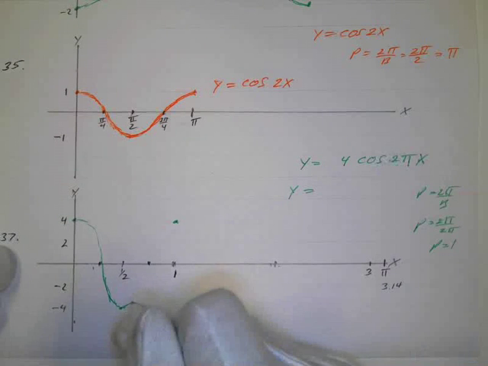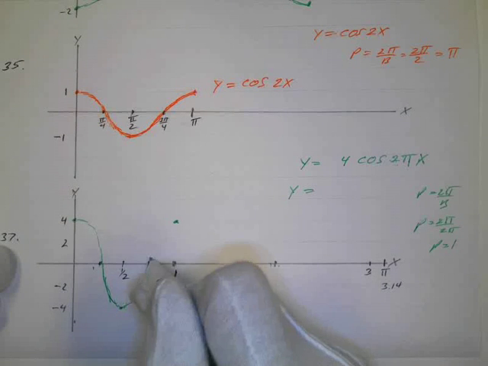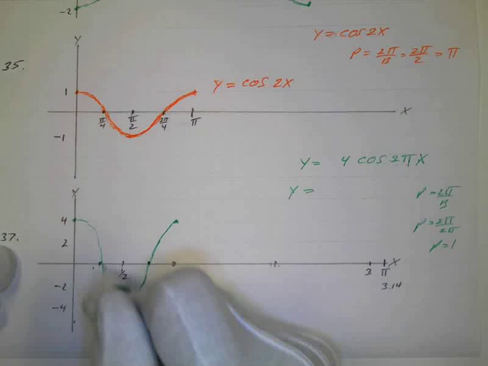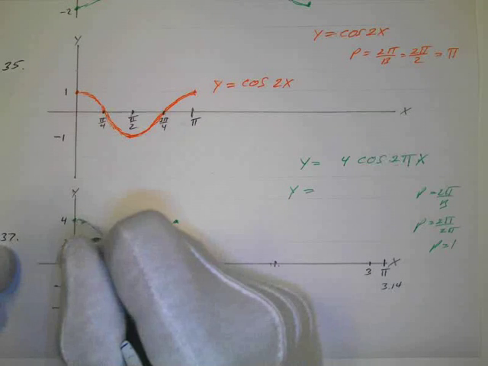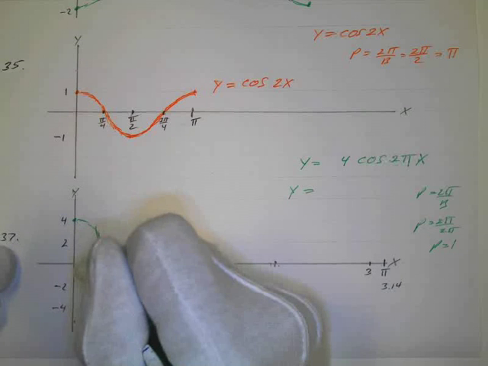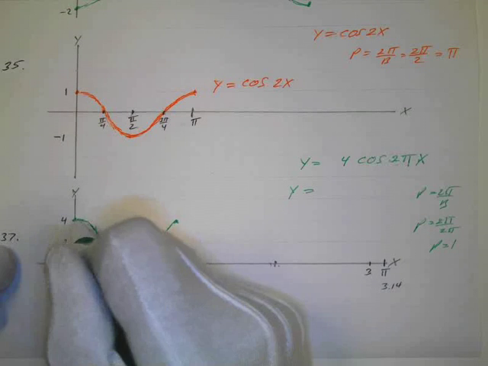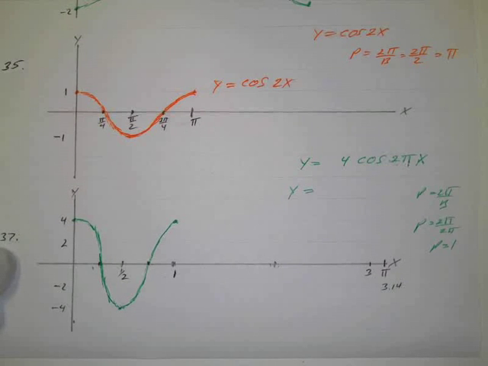And if you put 3/4 in here, the same idea. Or you could just graph it by the order we talked about: 1, 0, -1, 0. There you go. So something like that. Okay?